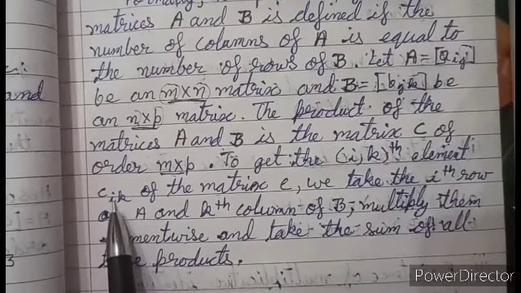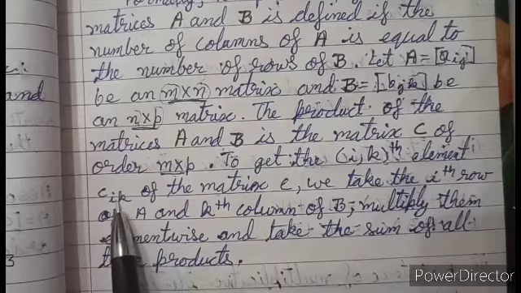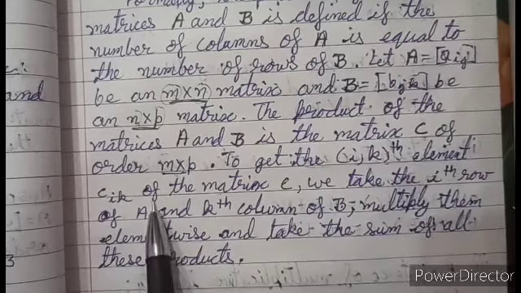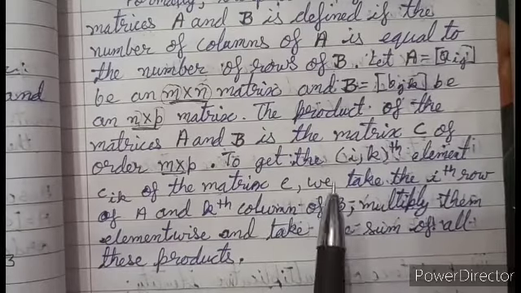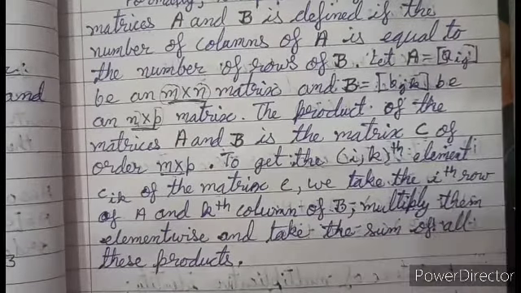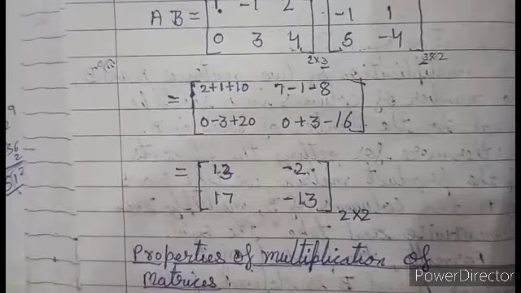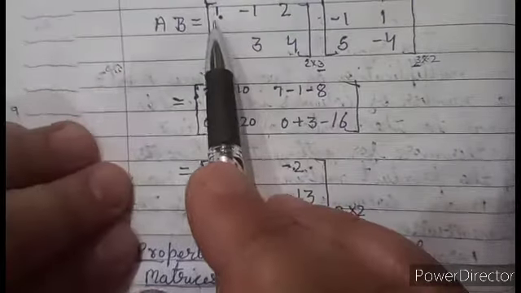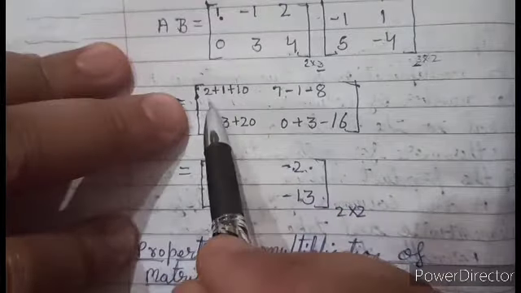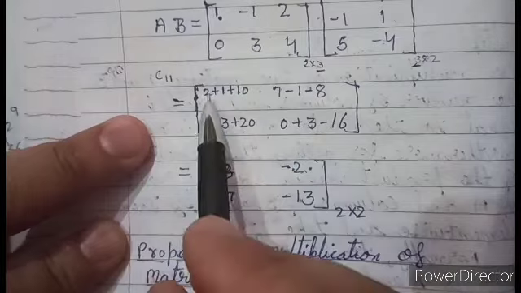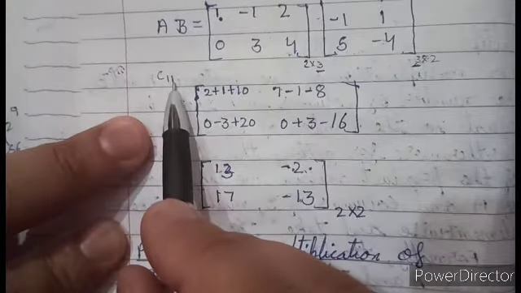Now, in order to find the product of the matrices, we know that for the ikth element Cik of the product matrix C, we take the ith row of A and the kth column of B. See here, the first element is C11, the first element of the first row.